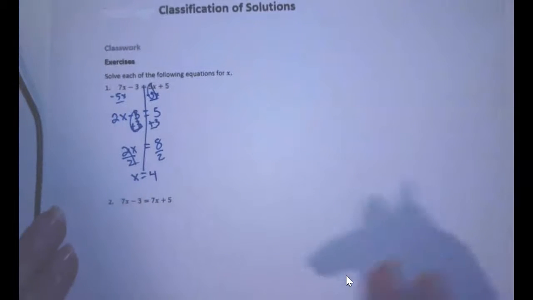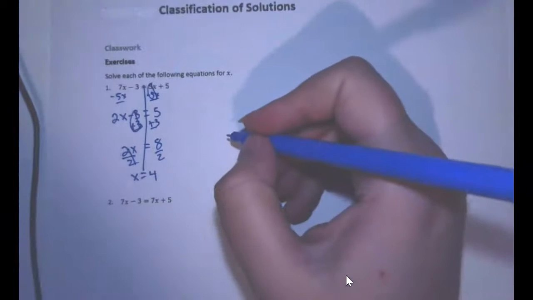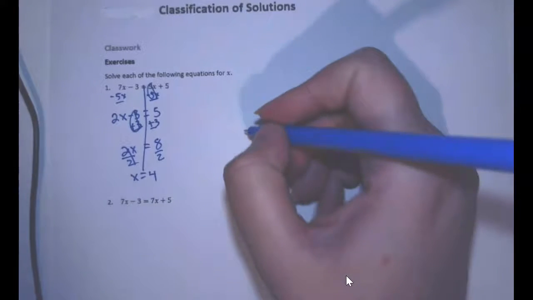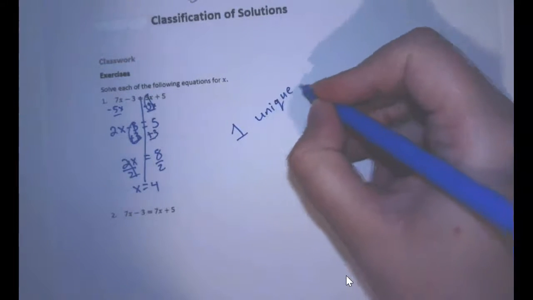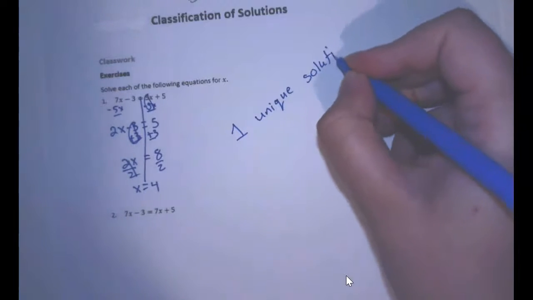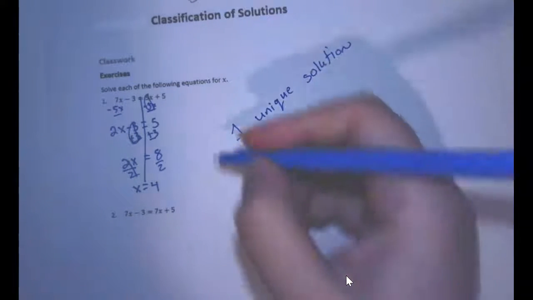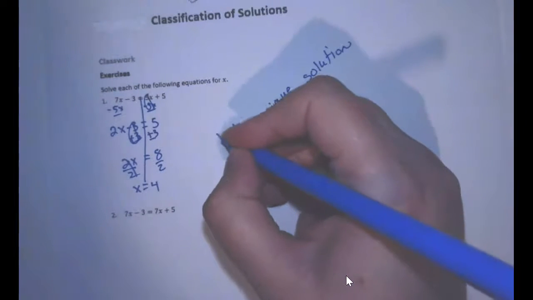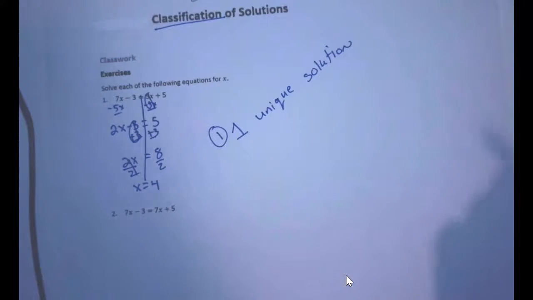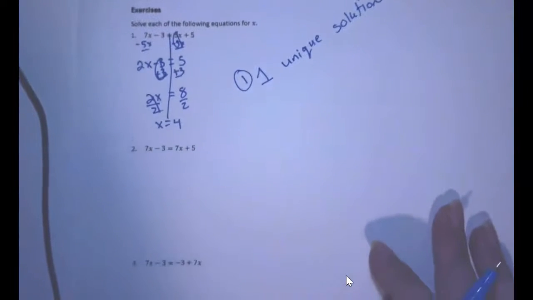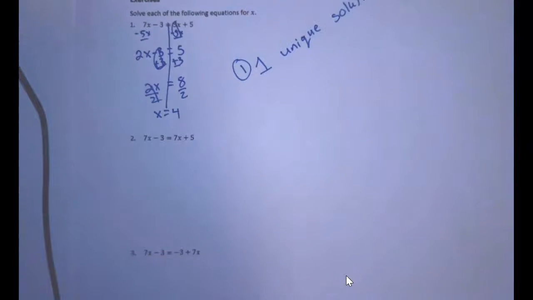So there's a clear result here, and when that happens, we say there is one unique solution, or often we'll just say there's one solution. So this is classification number 1: one unique solution.